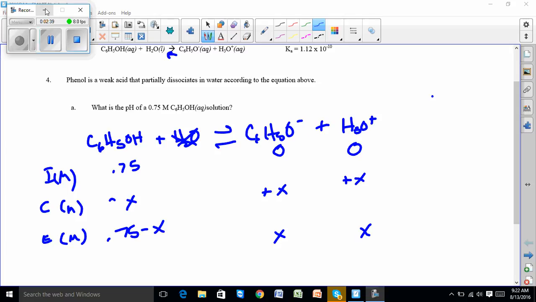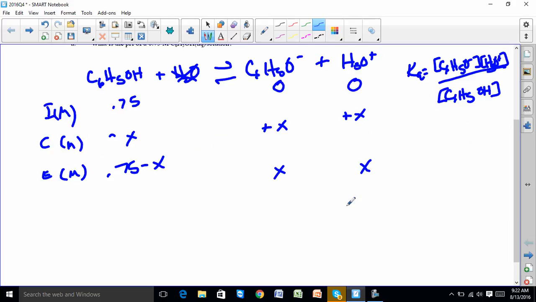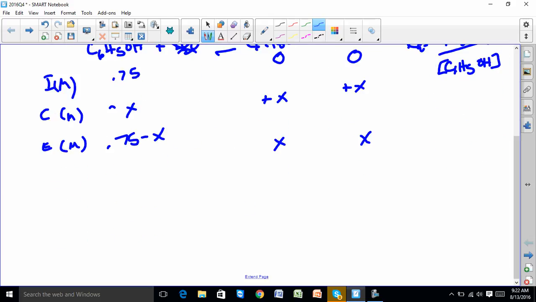All right, sorry I had to stop for a minute. And then I'll just put this over here, not that you probably would need to write this down. Ka is equal to this concentration, because it's right over left, times this concentration over this concentration. And so coming down, I'm going to push extend page.